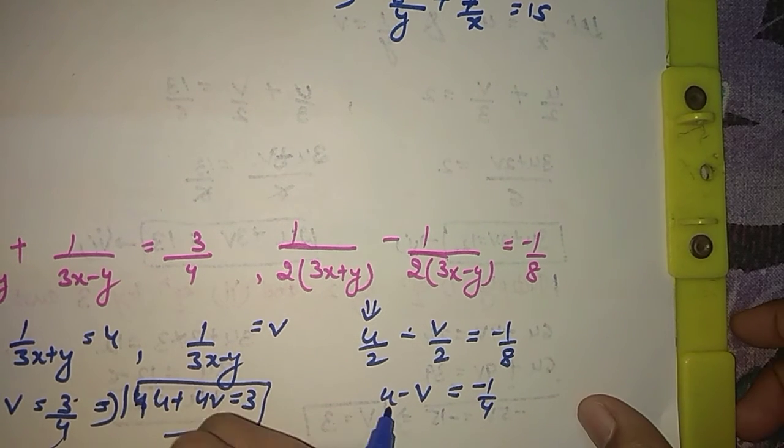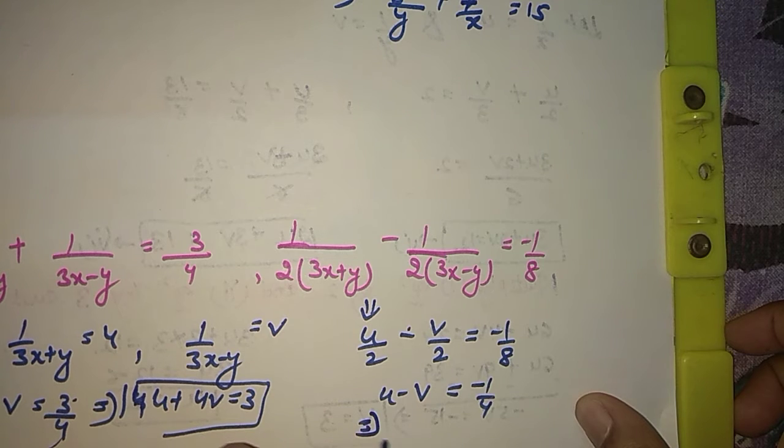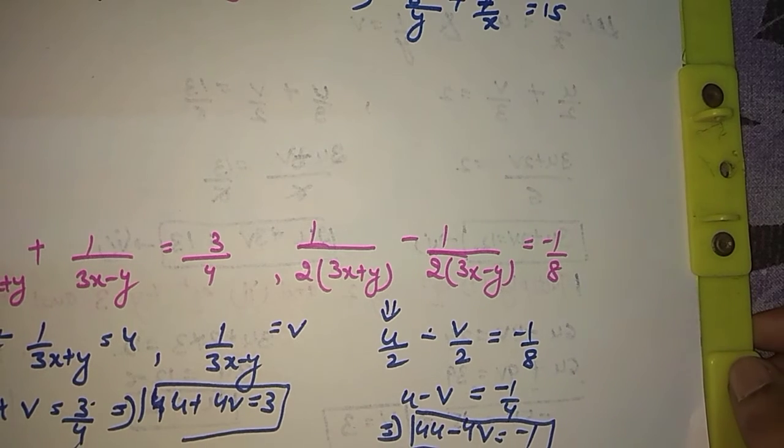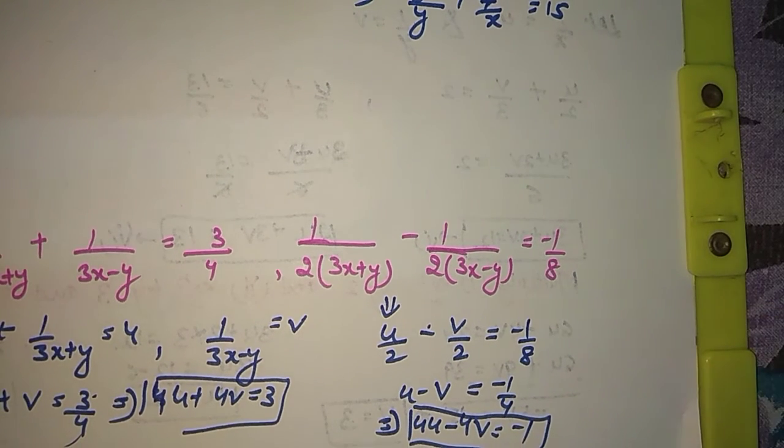And further on solving a little, we have 4u minus 4v is equals to minus 1. So we again have our two pair of equation. This is the first and this is the second. And on using any of the method, we can have u and v, and on reusing them, we can find the value of x and y.